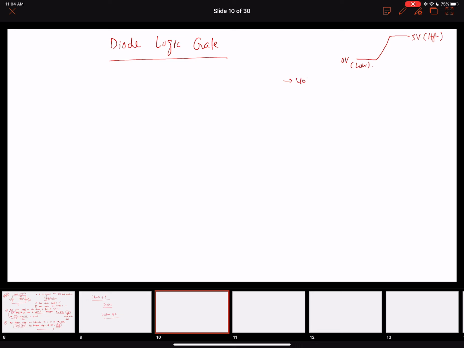Voltage values close to 0 volts are considered low. Voltage values close to 5 volts are considered high. All right, so let's start with an OR gate.